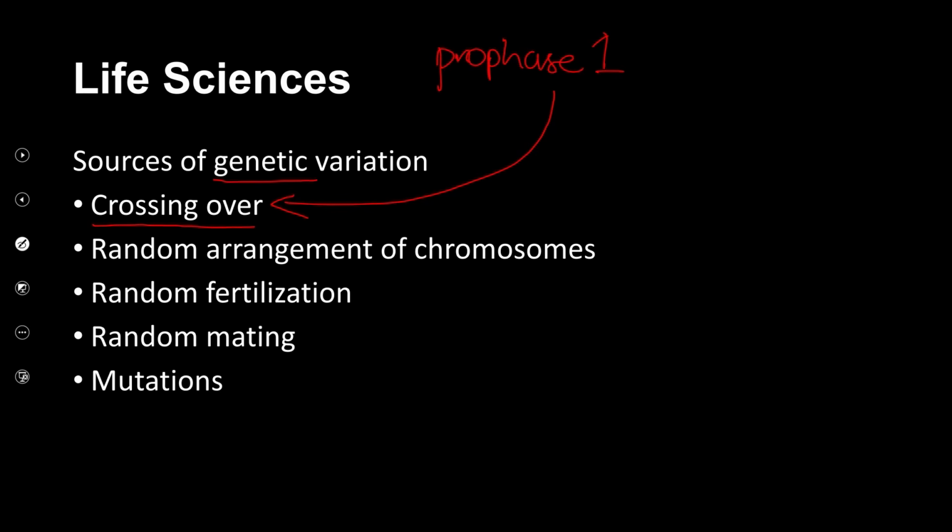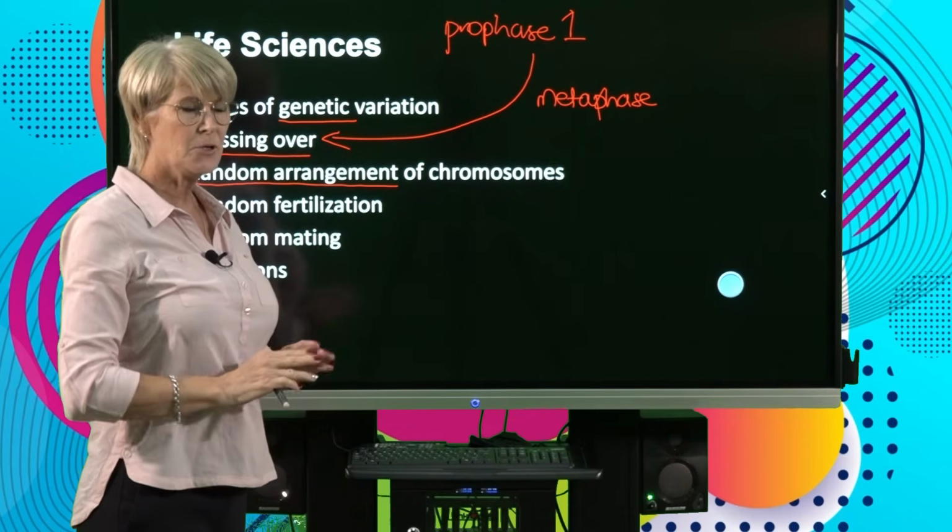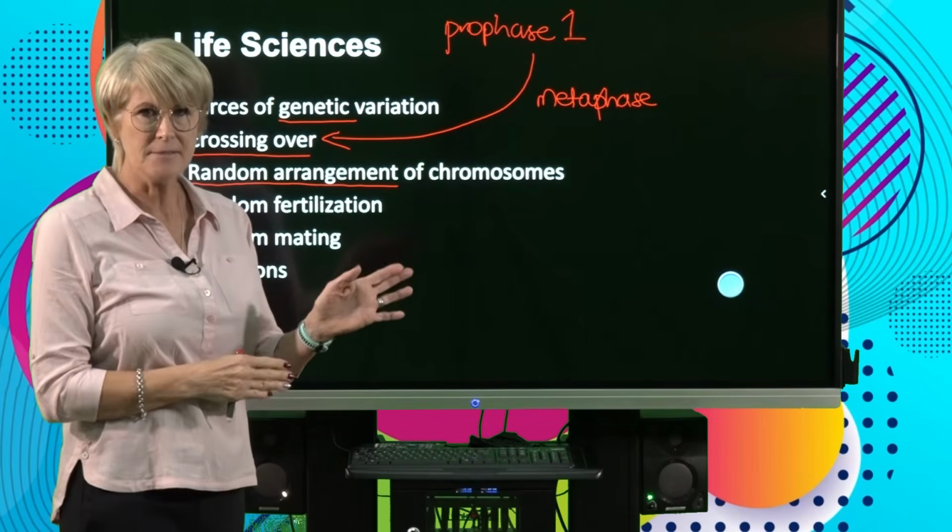The second place where genetic variation would occur is when the chromosomes line up on the equator during metaphase. In this phase of meiosis, they line up at the equator randomly. In other words, there isn't a set pattern.